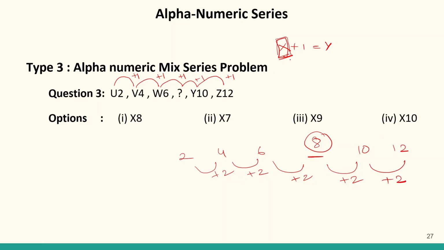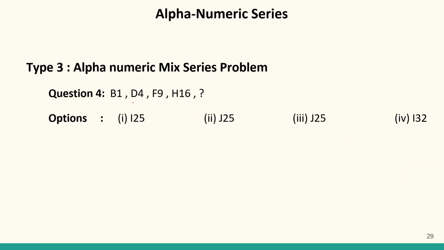Now we have to check whether the term that we have arrived at, X8, satisfies the logic for the previous term and the next term. Yes, W, X, Y and 6, 8, 10. It does follow the same pattern, the same logic. Hence, this is correct and the answer will be X8.